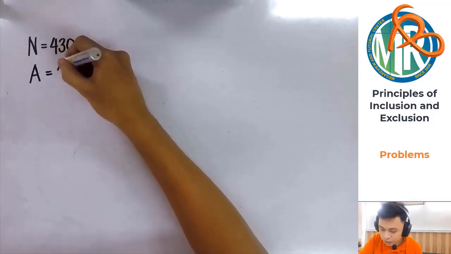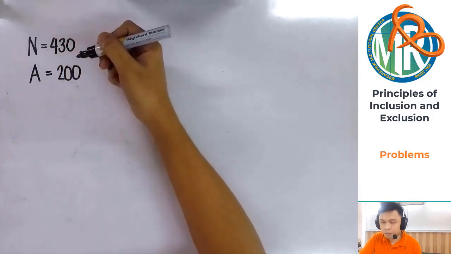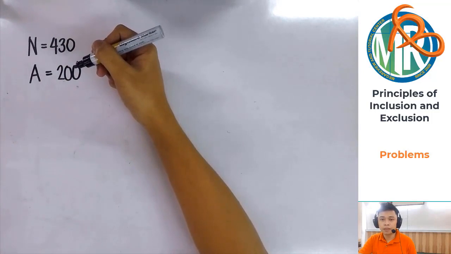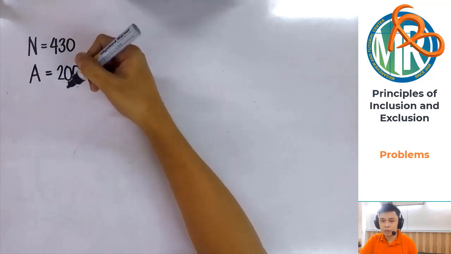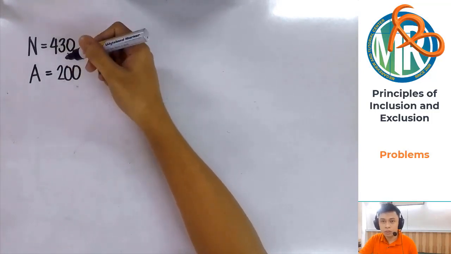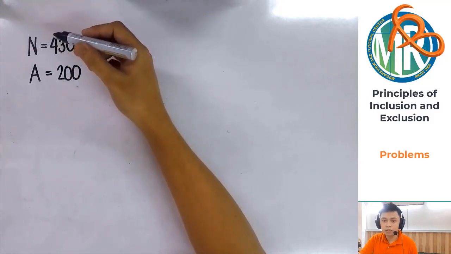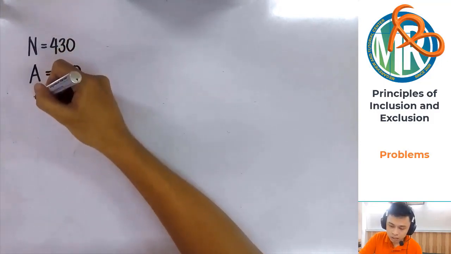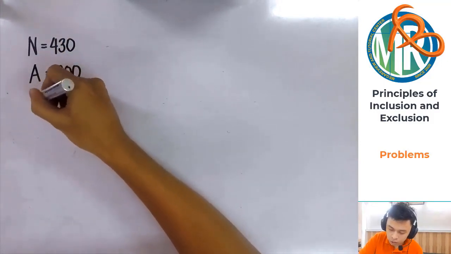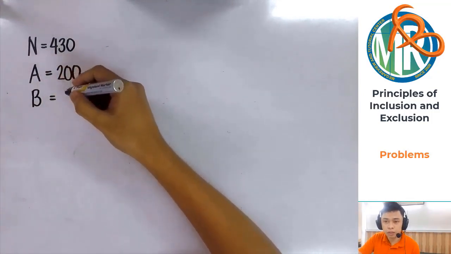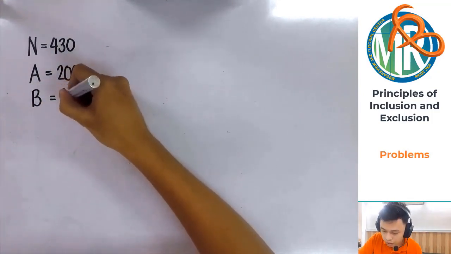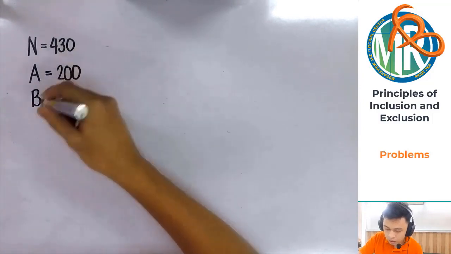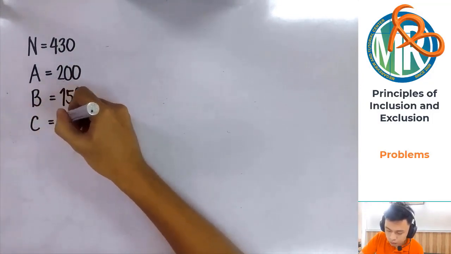So bali dito we have 200. Actually in this problem we have 3 sets, no, to be considered. Set of students na nasa Facebook, set of students na nasa YouTube, and nasa Netflix. So yung nasa YouTube naman we have, this is equal to 150. While on Netflix, this is equal to 180.